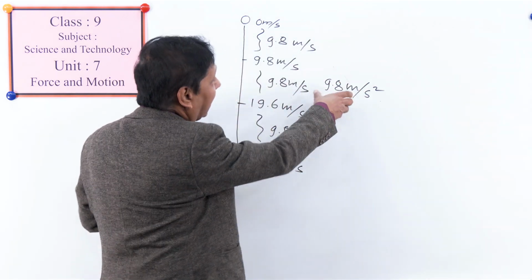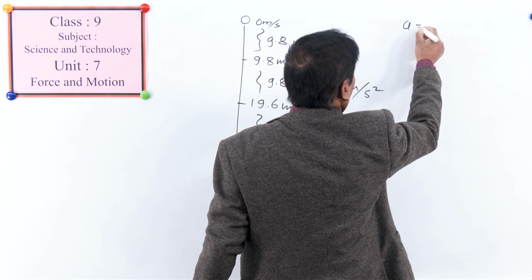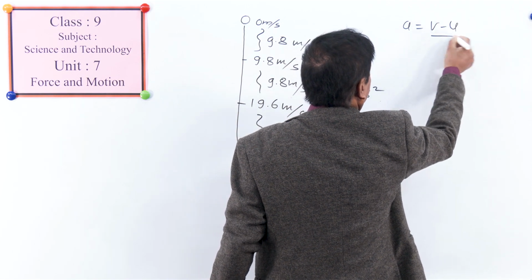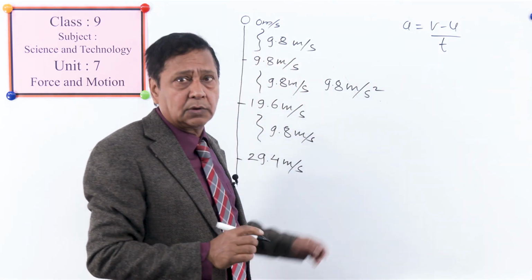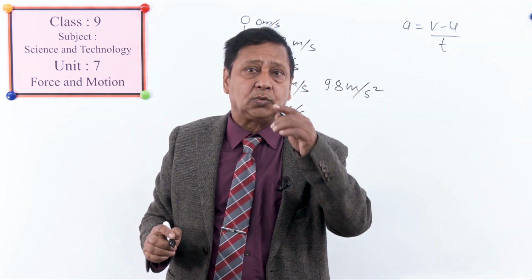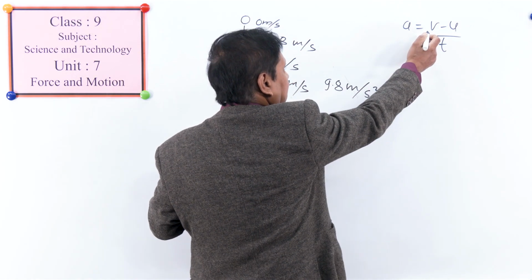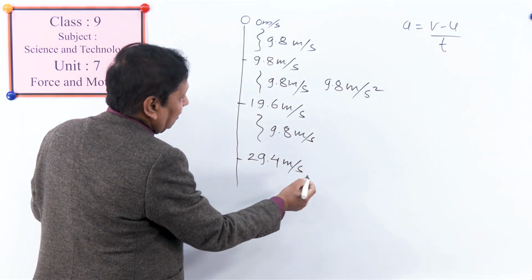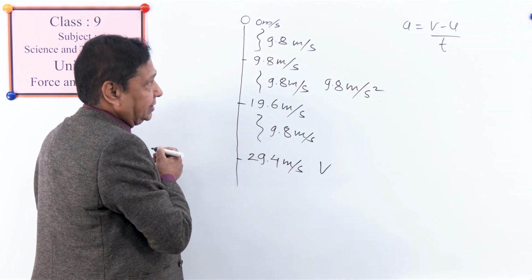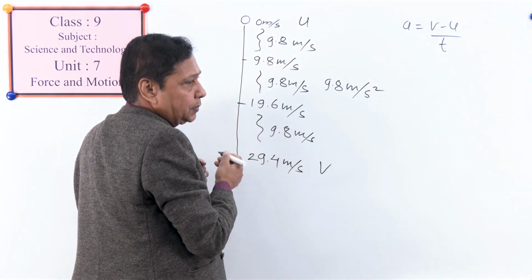Now we can find this with the help of an equation also. Look at this, A equal to (V minus U) by T. We know about this because it was established in the first class; I mean to say in part 1 I told you about this equation. Now what is V? V is final velocity. And what is U? U is initial velocity, in this case 0 meter per second.